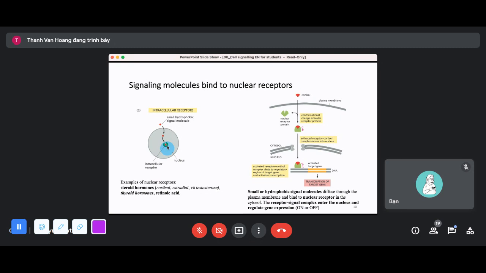So here you can see it's cortisol. It can interact with its receptor in the cytoplasm, and when the receptor binds to the cortisol, it can move into the nucleus and activate gene expression.